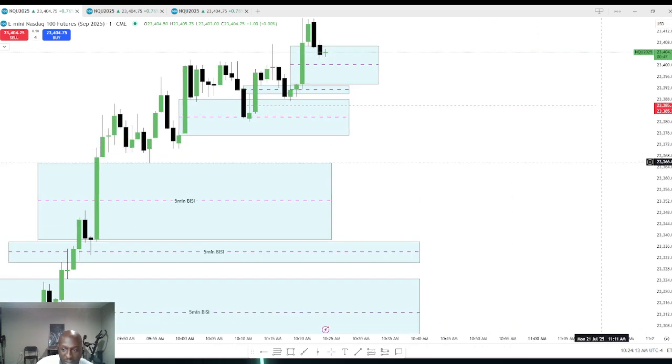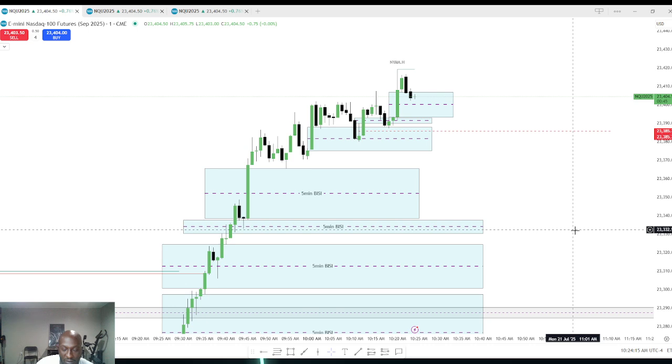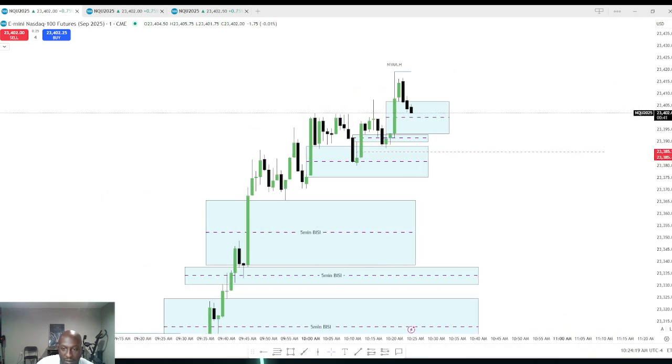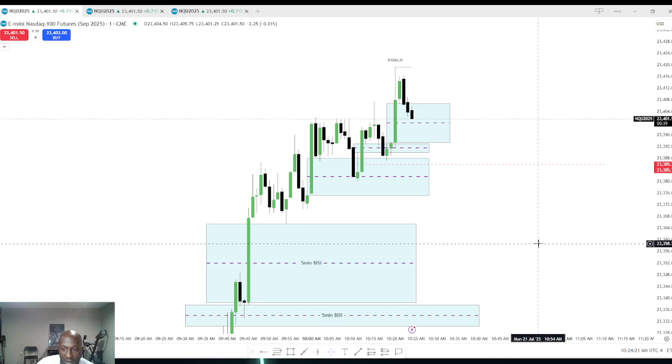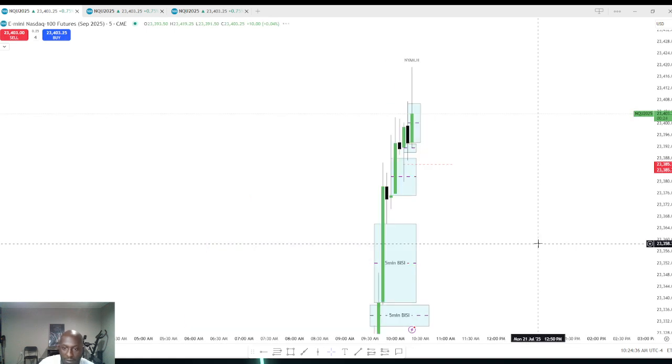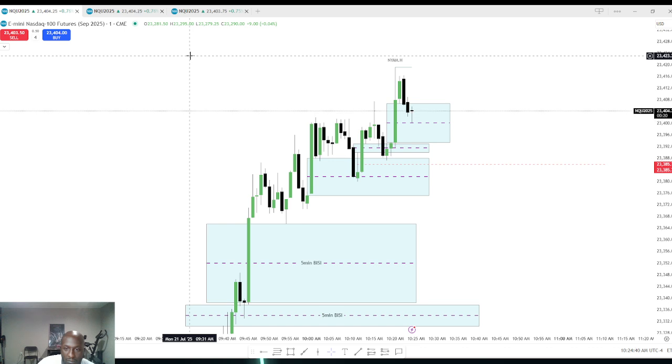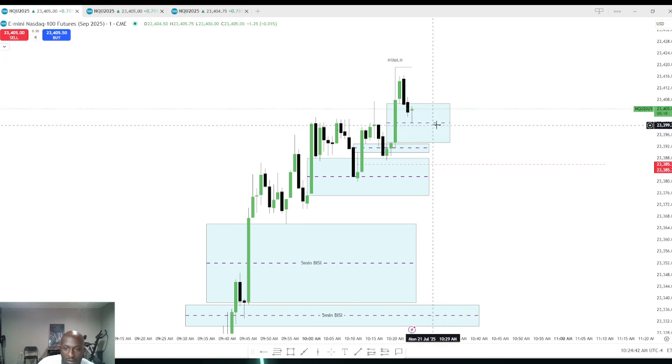Or not the new week opening gap, the first presented fair value gap. 10:30. Rejection off of that, off of consequent encroachment of this week.